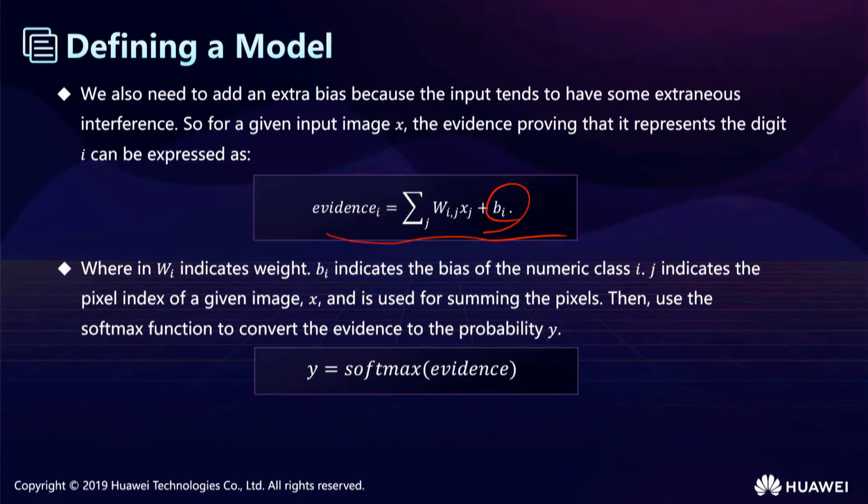Here W_i encodes the weight, x is our data vector, and i indicates the pixel index of the given image. And then we use the softmax function to convert the activations to the probabilities of y.